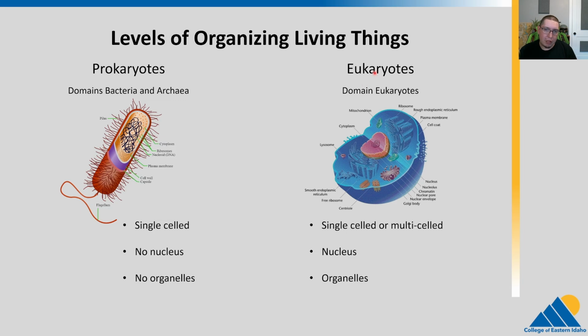The eukaryotes, on the other hand, many of them are single-celled, but we also have multicellular organisms. Inside of their cell, they have a nucleus, which contains the genetic material, and they have other membrane-bound organelles in there. We will talk in detail about the components inside of these cells in the coming sections.